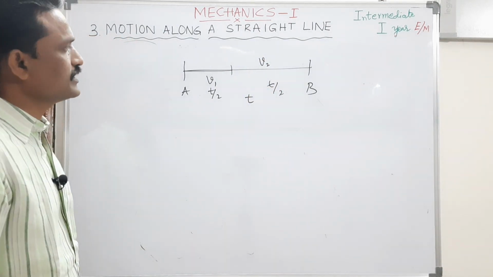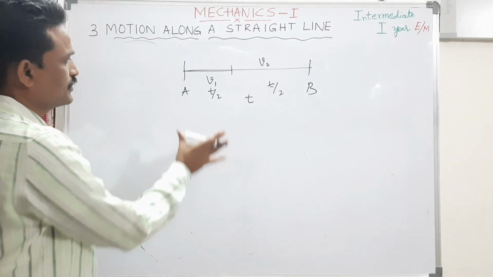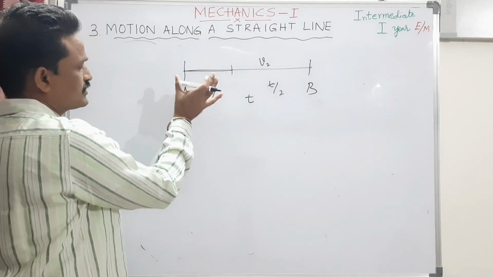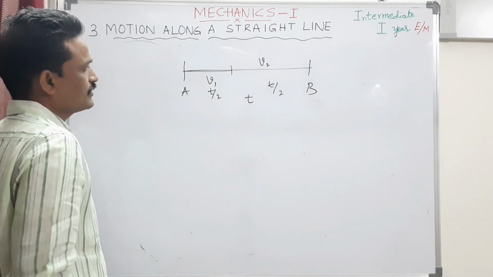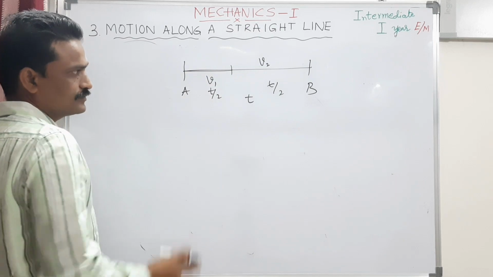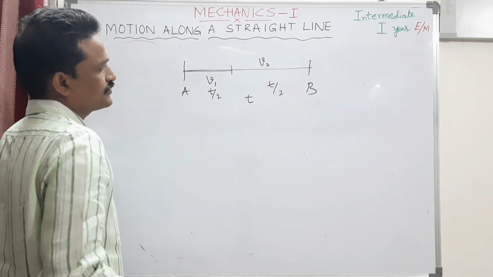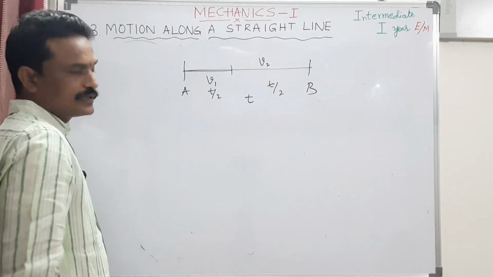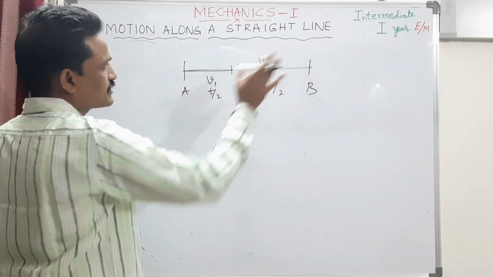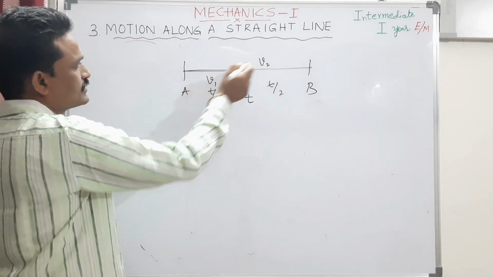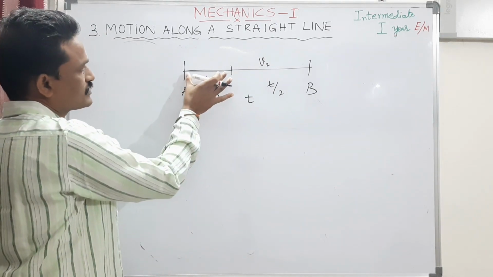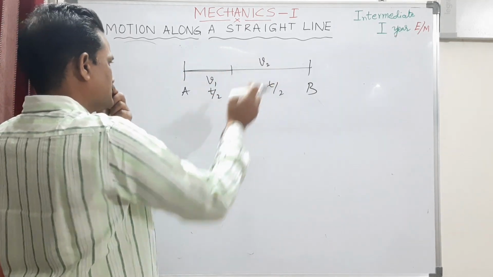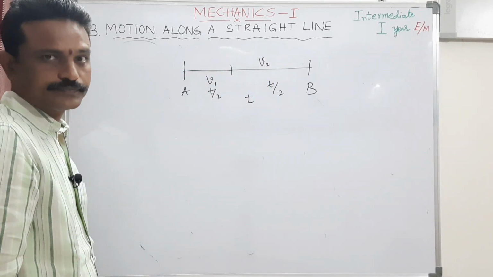Now what is his average speed? For example, it took 1 hour to reach B from A. During the first half hour of the journey, he traveled with a speed v1, and in the next half of the time period, he traveled with v2. It doesn't mean that the distances are the same. Let us say v1 is less than v2. That is the reason why he was slow here, so he covered less distance. Here the speed is more, so he covered more distance.